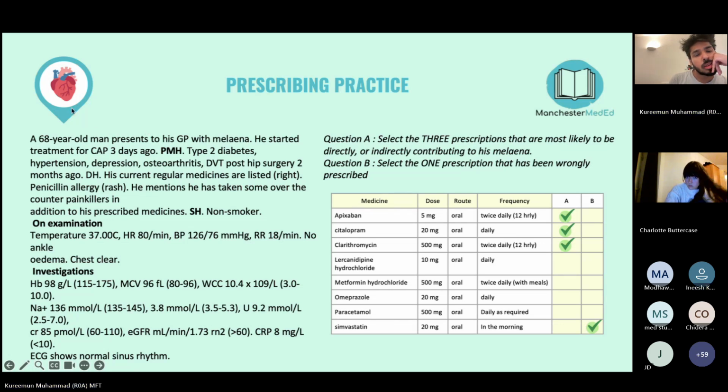Let me see. This is a calcium channel blocker, right? If they are greater than, is it 55 years old, but they have type 2 diabetes, then you should give a calcium channel blocker.